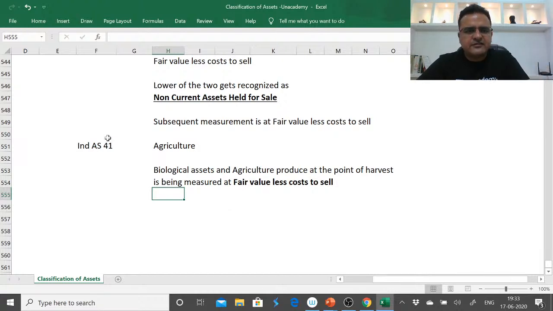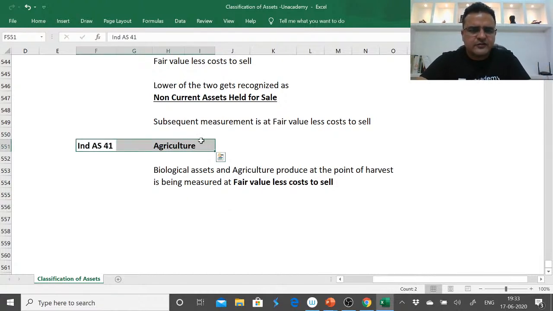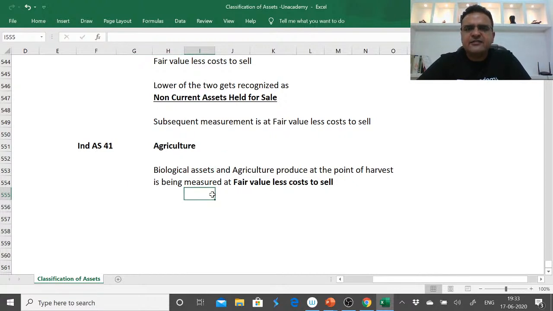Yes, if there is a bearer plant and any doubt on its recoverability, and it is being measured under the cost model under Ind AS 16 PPE, then impairment of assets may definitely be applicable. But if it is using fair value less cost to sell, then there is no need, because we are remeasuring it on each reporting date at fair value less cost to sell. Automatically the values are being taken care of.